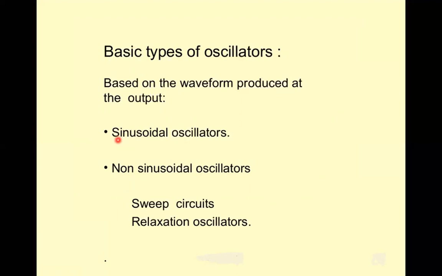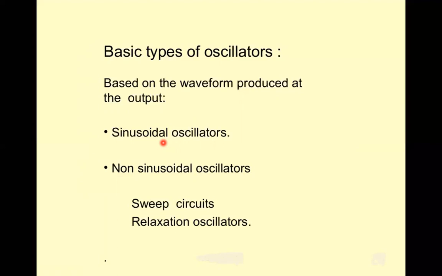Examples of sinusoidal oscillators are tuned collector oscillators, Hartley oscillators, Colpitts oscillators, negative resistance oscillators, Wien bridge oscillators, phase shift oscillators, and crystal oscillators. So these are all called sinusoidal oscillators.